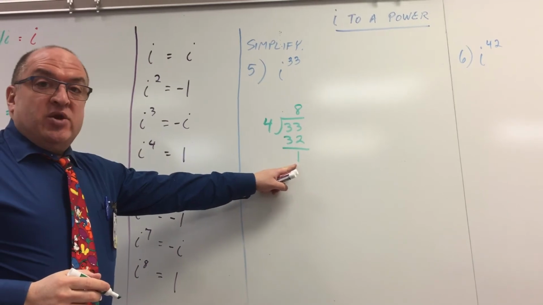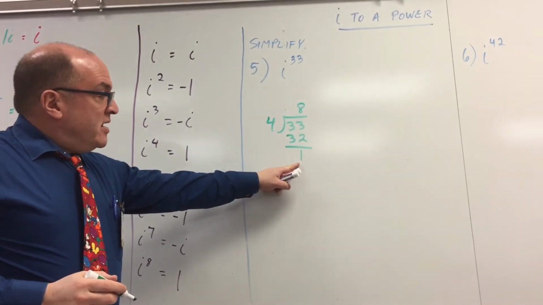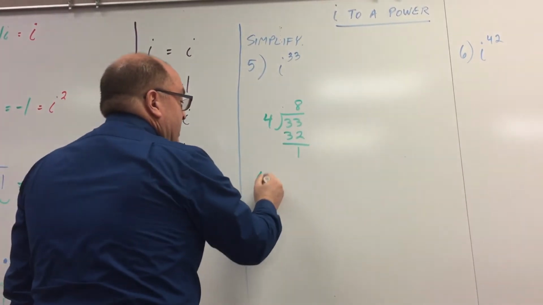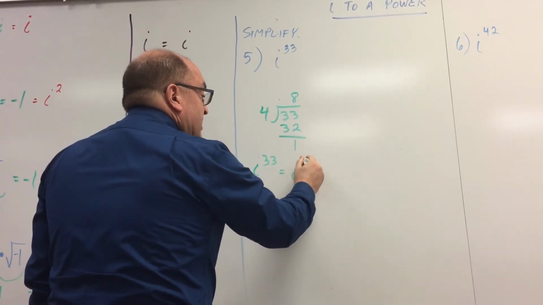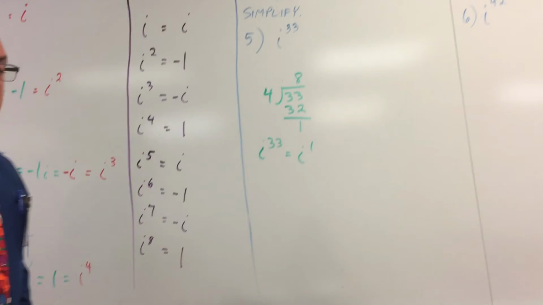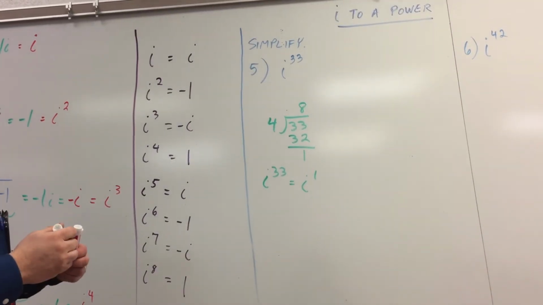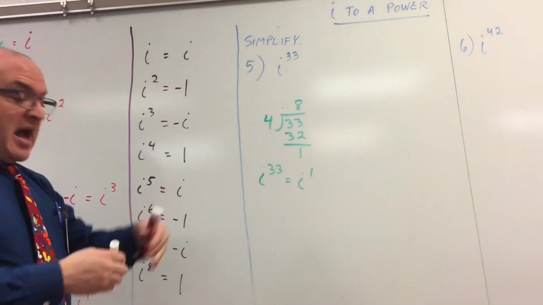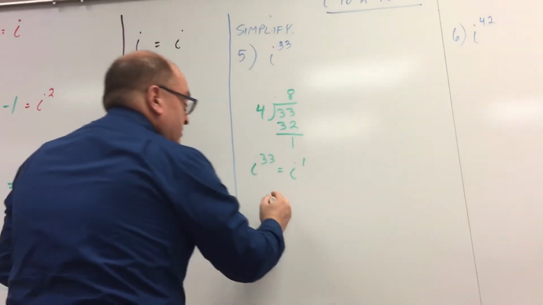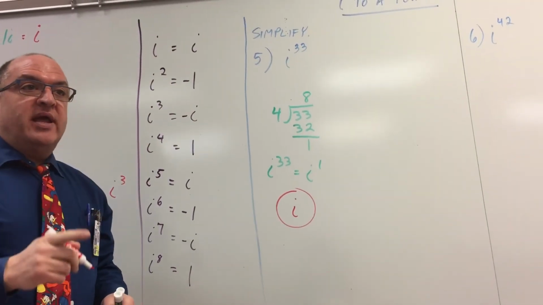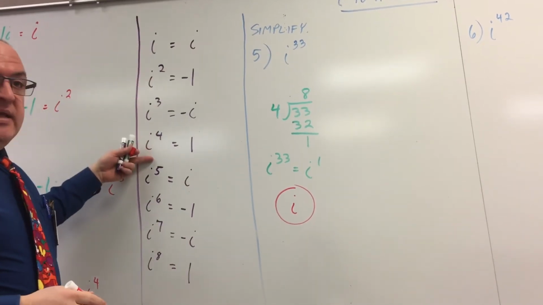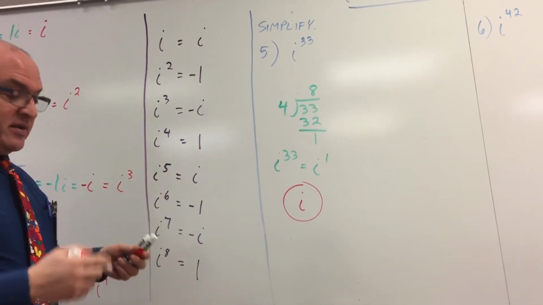Since your remainder is 1, that means i to the 33rd power is the same as i to the 1st power. What's i to the 1st power? i. So it's whatever your remainder number is. Okay?